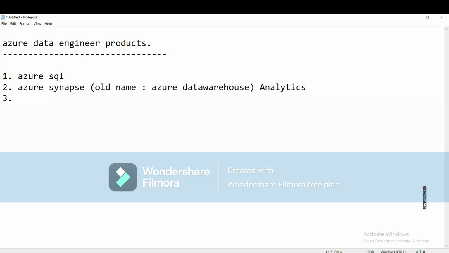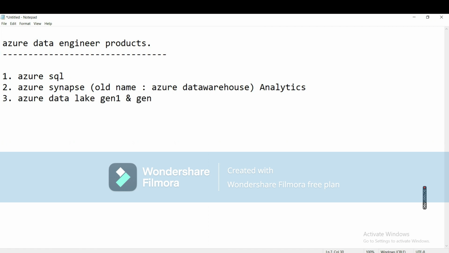For all these things, you have different storage types, but the mainly used storage type is Azure Data Lake. In Azure Data Lake, different flavors are there: Azure Data Lake Gen 1 and Gen 2.